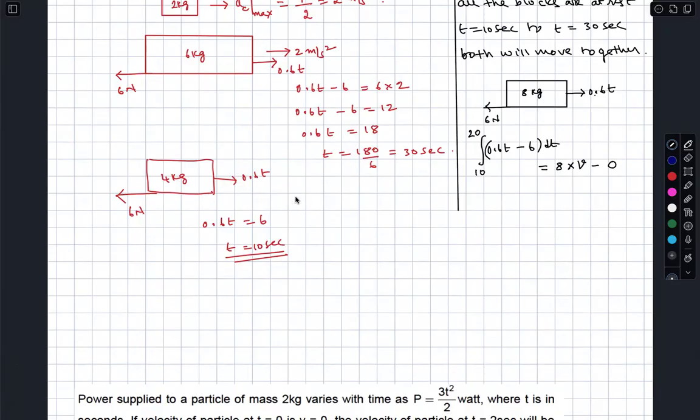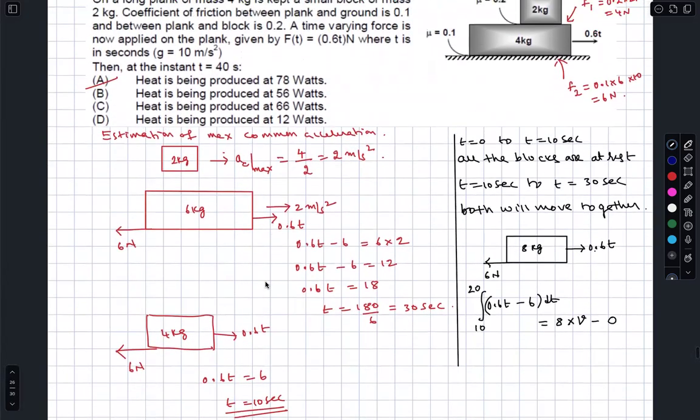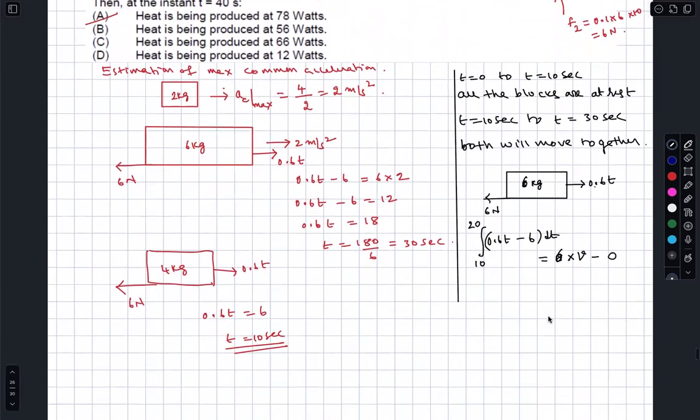The system is what? No, it's 8 kg. Yes. Right. Thank you. Is this okay now? Yes, sir. Right.